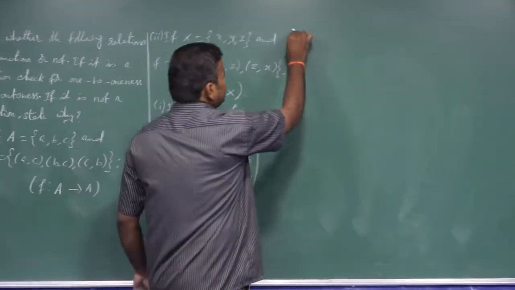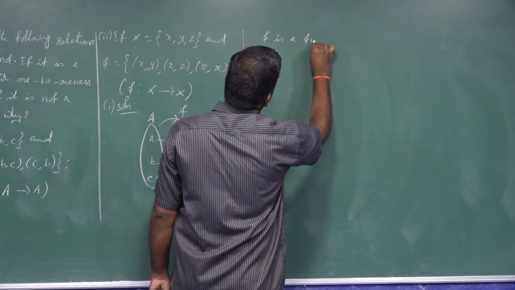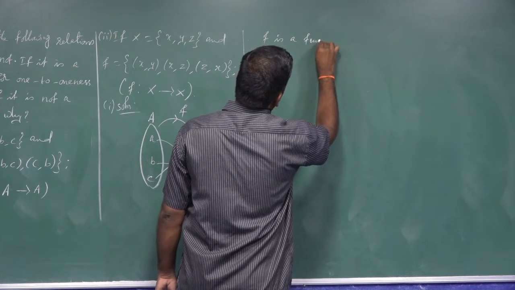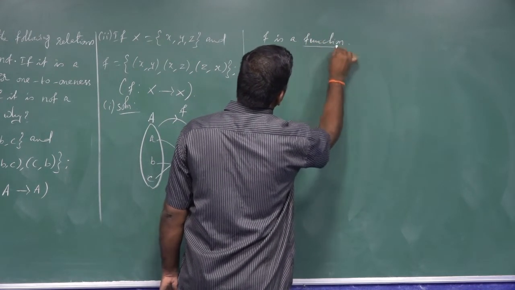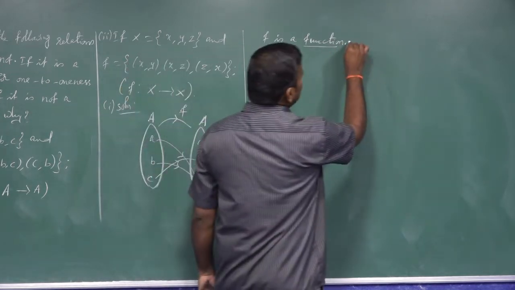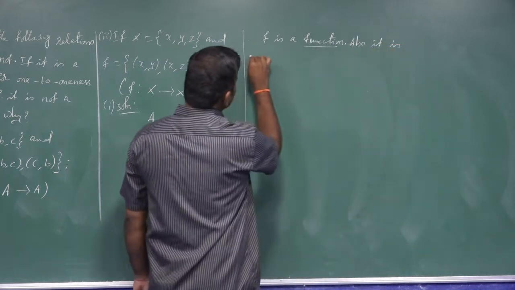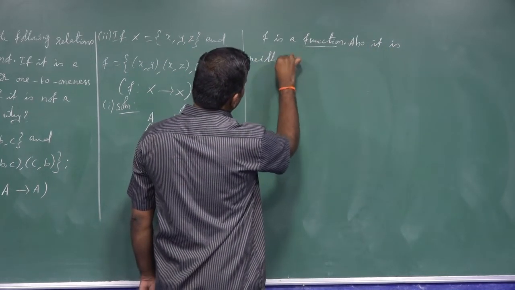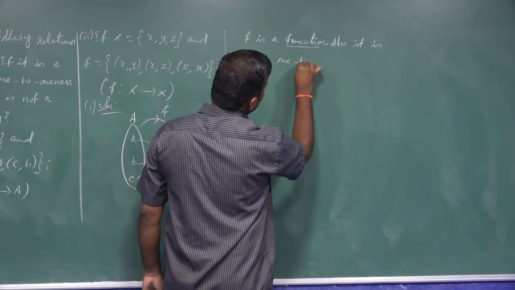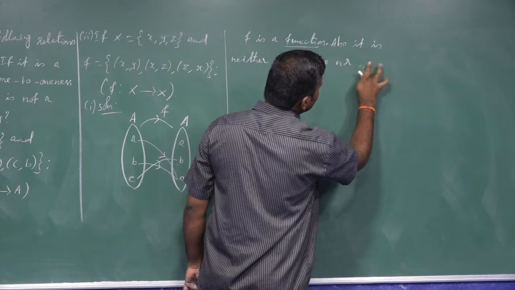It is a function. First of all, we tell whether it is a function or not. f is a function. Also, it is neither one-to-one nor onto.